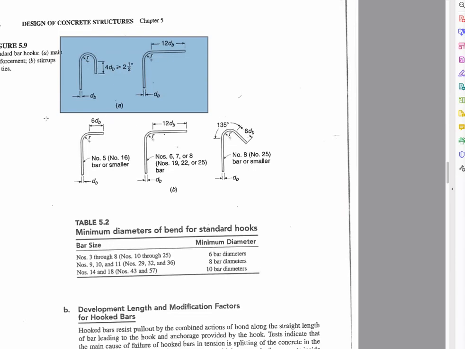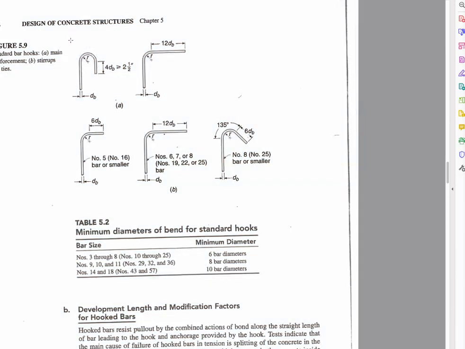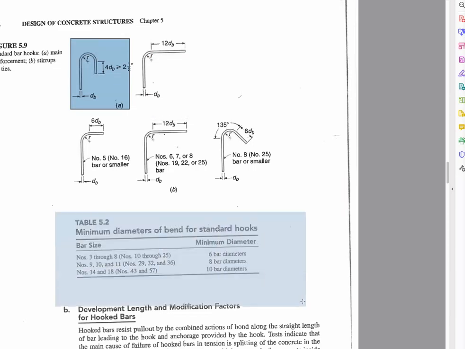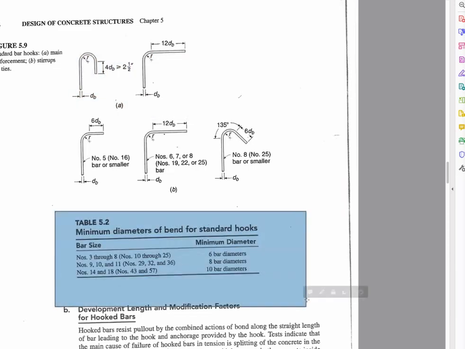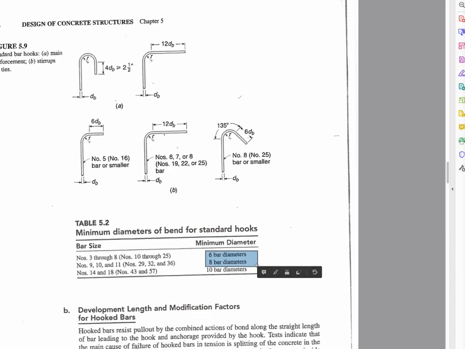This shows a little bit of the design for that, where you would have diameters associated with this, minimum diameters for this. And here's the table showing those minimum diameters. The diameter of a hook is going to be a function of bar diameters, as it turns out. And then you have different geometrical configurations and so on.